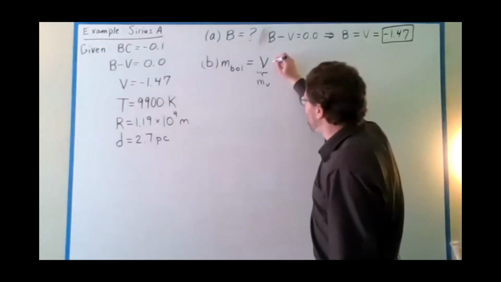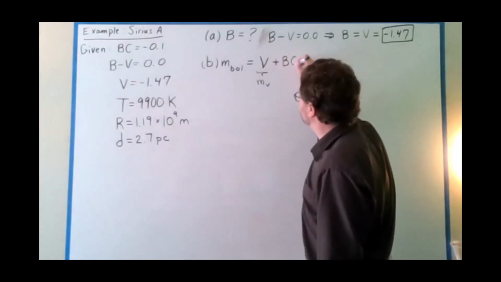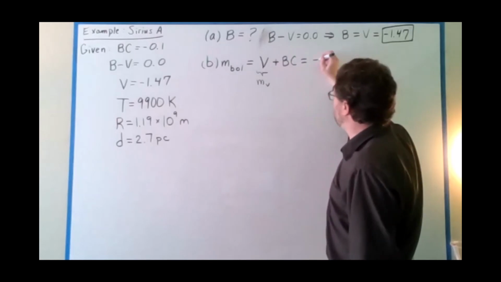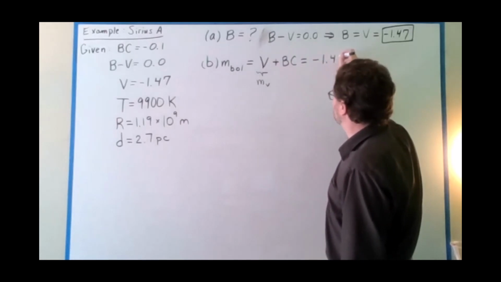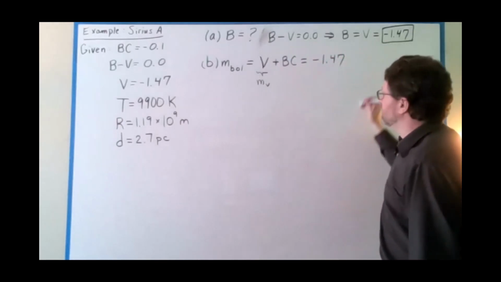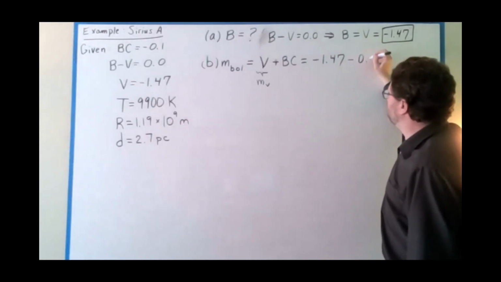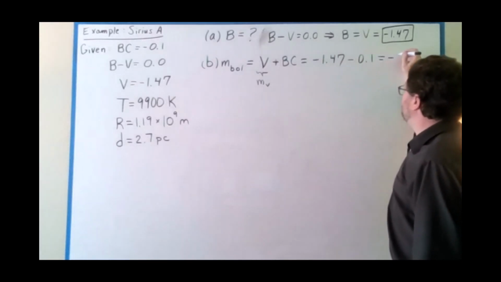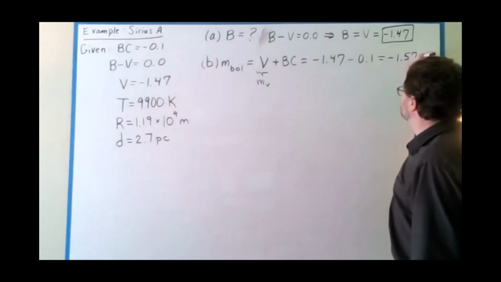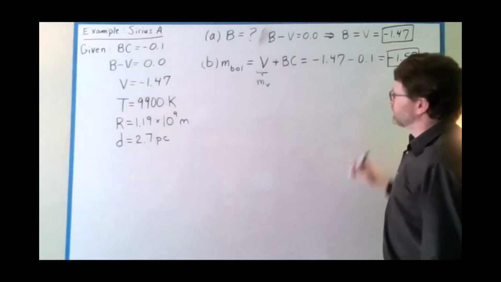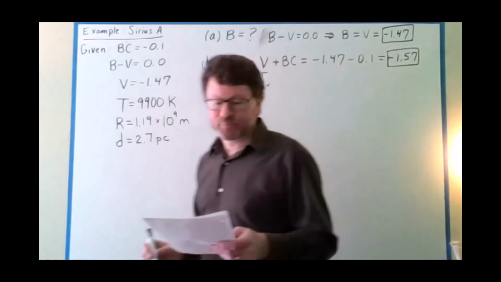And you add to that the bolometric correction. We know that V is -1.47, plus -0.1. So this is about -1.57. That's the answer to part B.